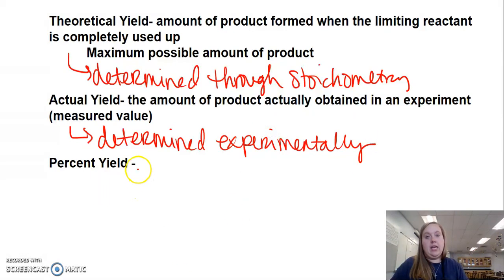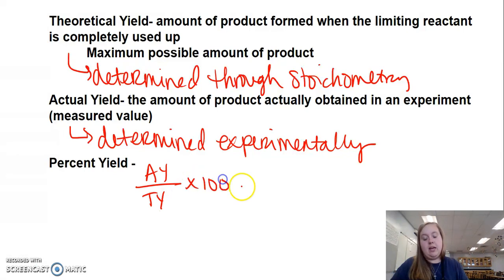A representation of how well an experiment was conducted is to find the percent yield. Basically it tells you what percentage of the theoretical yield you actually got. The equation for percent yield is your actual yield divided by your theoretical yield and then multiplied by 100 because it is a percentage, and the higher the percent yield, the better.